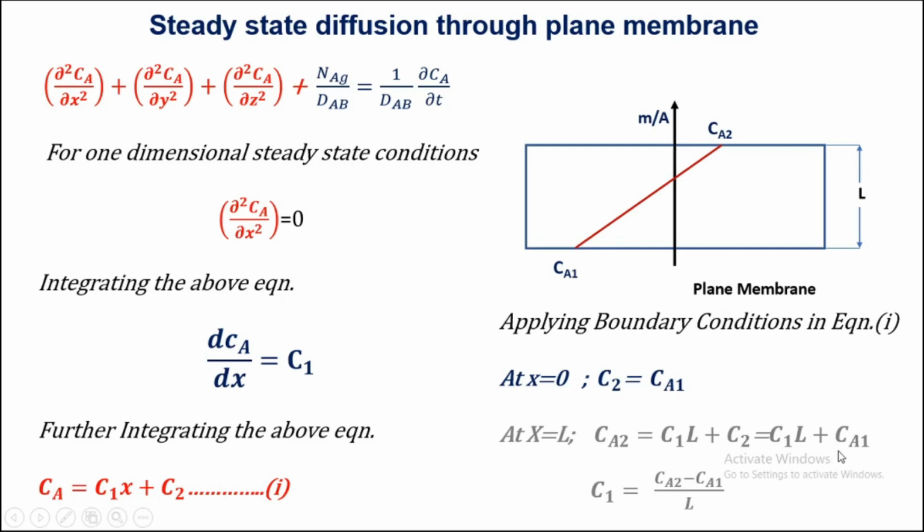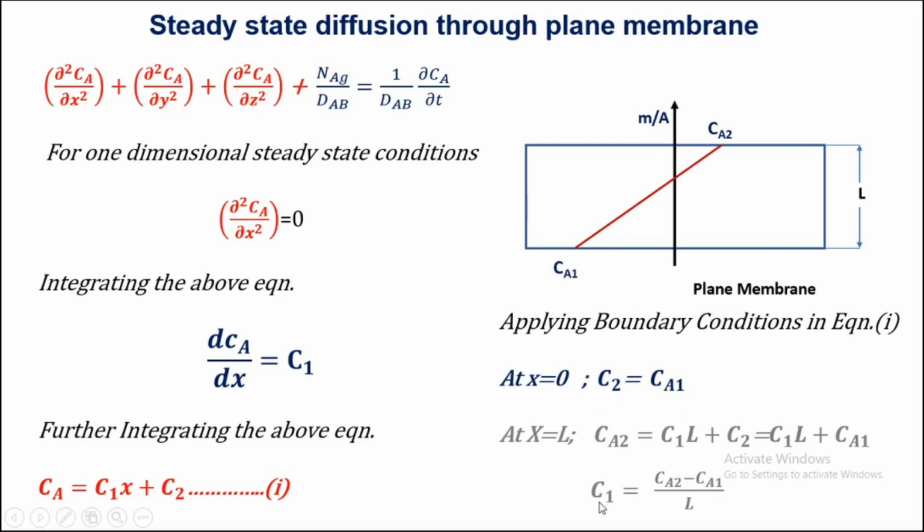Further, from this equation we find the value of C1. So if you rewrite this equation, Ca2 minus Ca1 divided by L gives C1. Now we know both the values of C1 and C2.